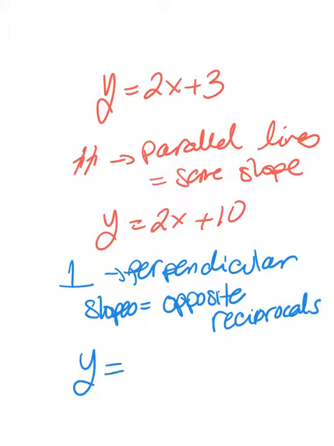So that means the opposite reciprocal of 2. Well, opposite means you change sign. So if that's a positive 2, it's now going to be a negative 2. Reciprocal, remember, means you flip the fraction. What's really under the 2 even though we don't see it? A 1. So if I flip it, it becomes negative 1 half x. That's the new slope. And I can still use plus 10, plus 3, whatever. Boom.